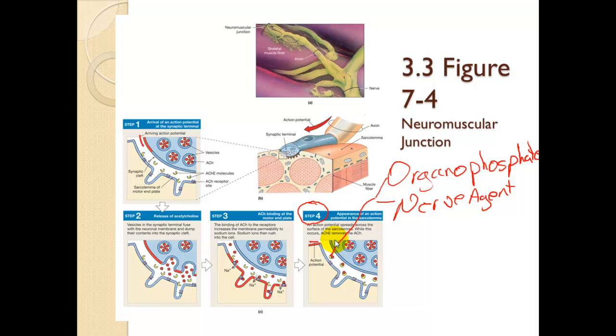Now, once you release neurotransmitter, you can't get rid of the excess. So now you have a ton of neurotransmitter in this neuromuscular junction. That's going to cause overstimulation of the parasympathetic nervous system, and it will give you SLUDGE symptoms: salivation, lacrimation, urination, defecation, gastrointestinal problems, and emesis.